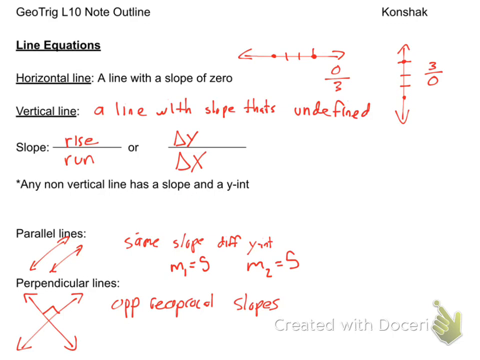If I go down to perpendicular lines, if m1 is equal to 5, then slope 2 is equal to the opposite, so that makes it negative, and the reciprocal becomes 1/5. So m2 is negative 1/5.